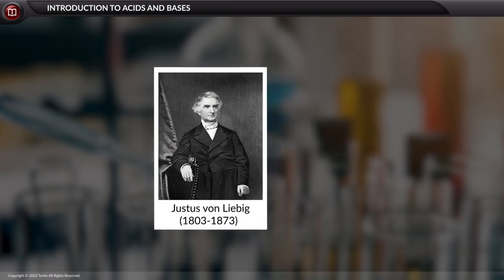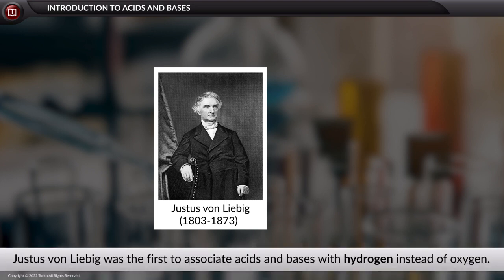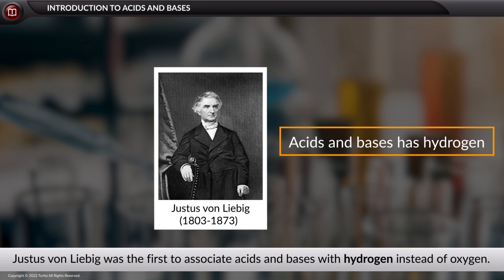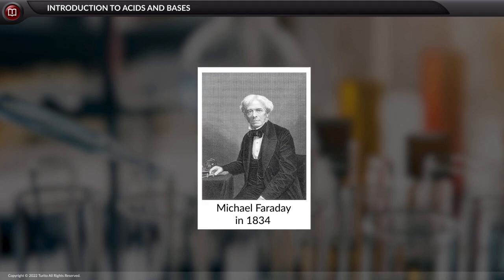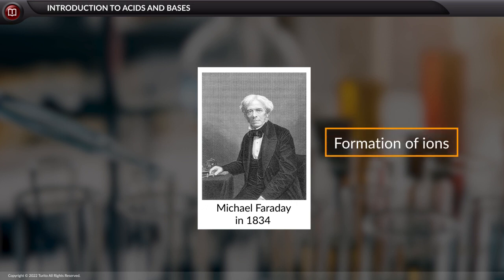Justus von Liebig, 1803 to 1873, a German chemist, was the first to associate acids and bases with hydrogen instead of oxygen. It was after the explanation given about ions by Faraday in 1834, the first ever theory of acid-base, which involves the formation of ions, was described by Arrhenius.